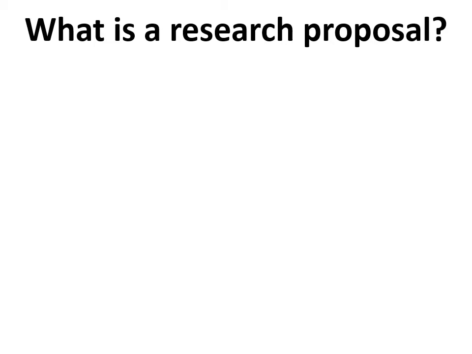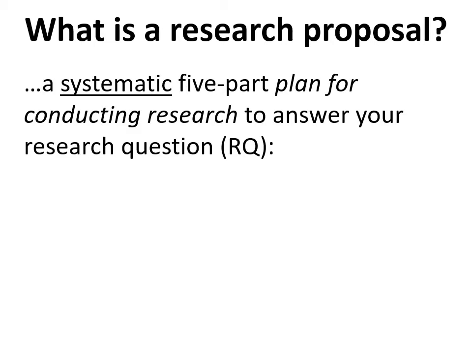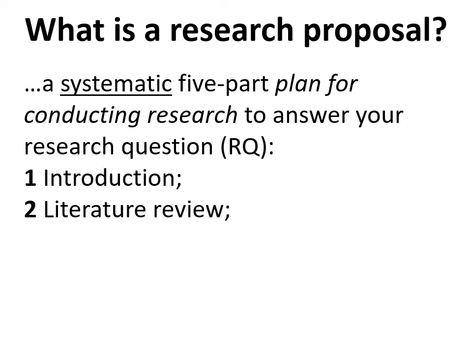Let's review what is included in a research proposal. This is a systematic 5-part plan for conducting research to answer your research question. It will include an introduction, which you should write last so that it actually matches the contents of what you've written.